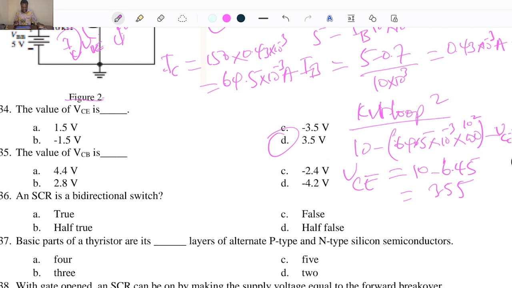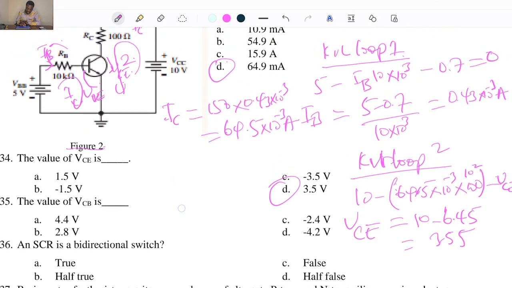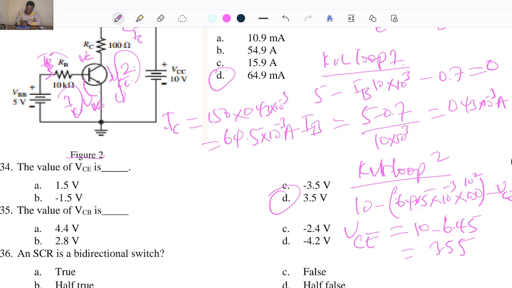Now that we've gotten VCE, question 35, the value of VCB. This is our VCB here. To get VCB, the sum of VCB and VBE will give us VCE. So I can write VCE equals the sum of VCB plus VBE.